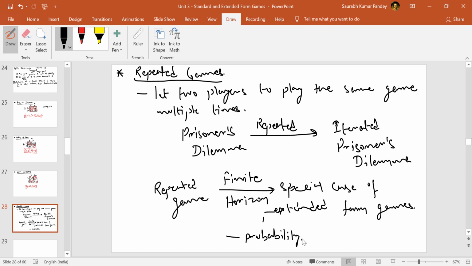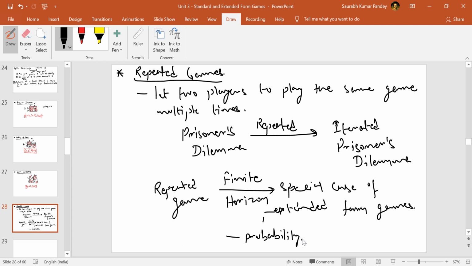In that case, the players may never know which one is the last interaction, the present one or the next one. In this scenario, the dominant strategy can be converted to cooperate with a certain probability.